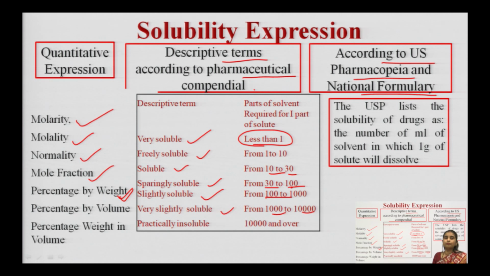For example, boric acid. 1 gram of boric acid requires 18 ml of water to dissolve. 1 gram of boric acid requires 18 ml of ethanol to dissolve. 1 gram of boric acid requires 4 ml of glycerol to dissolve.